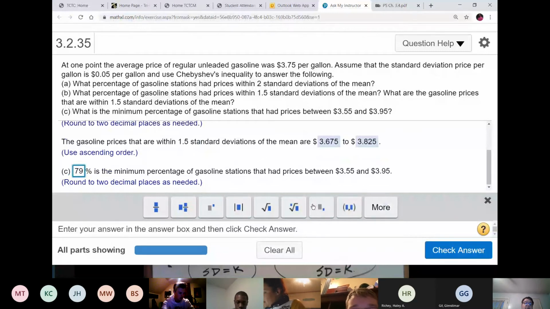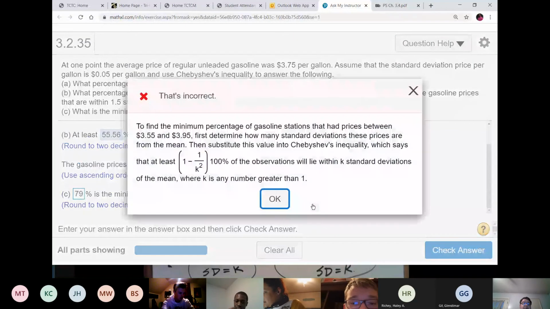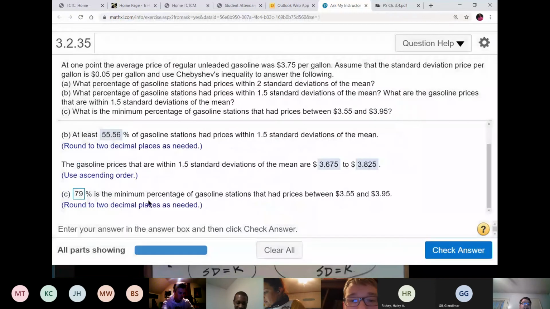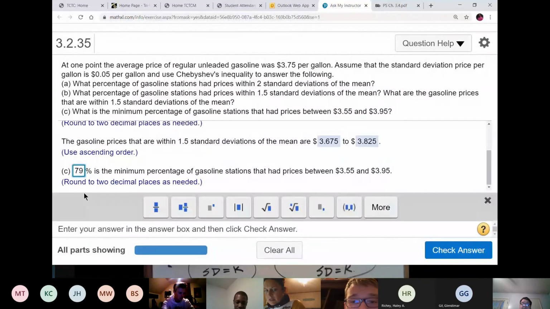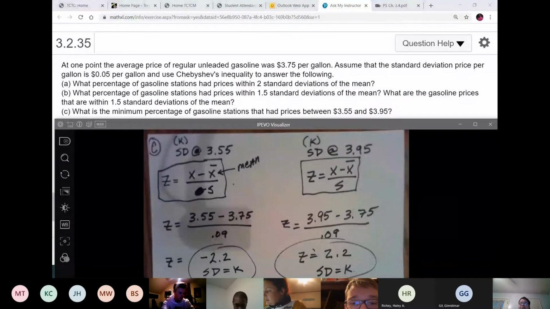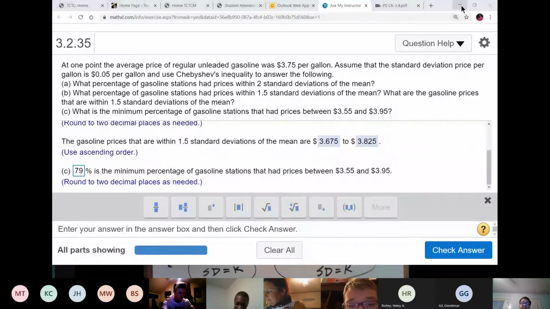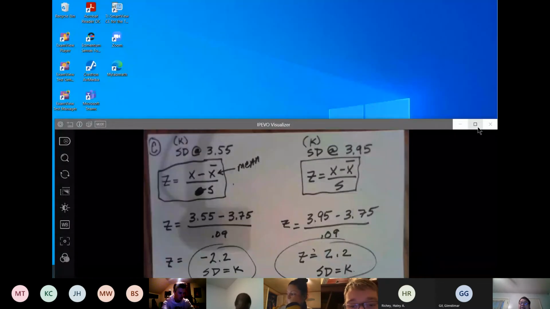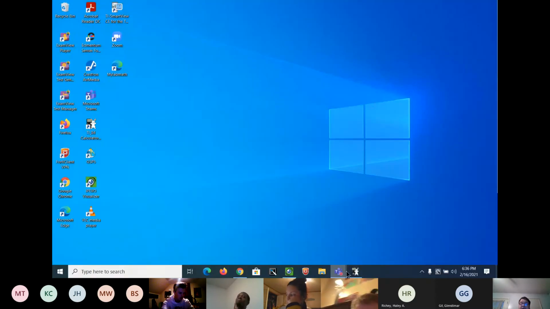Unless you told me wrong. And y'all told me wrong. It's possible. I just don't trust y'all. Let me go down here and do it. I can't find my dadgum calculator.